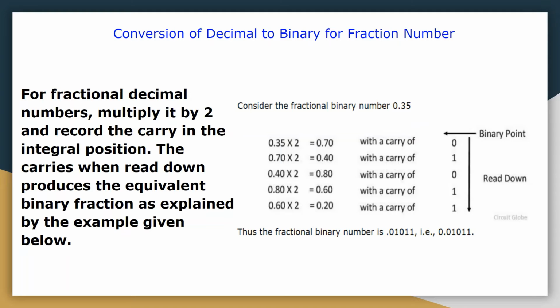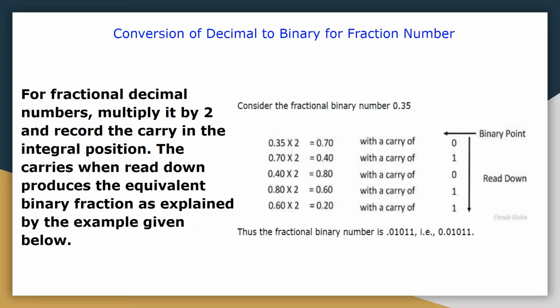For the part before the decimal point, you divide by 2 and read upward. For the fractional part, we multiply by 2, and the carries are read from upward to downward.